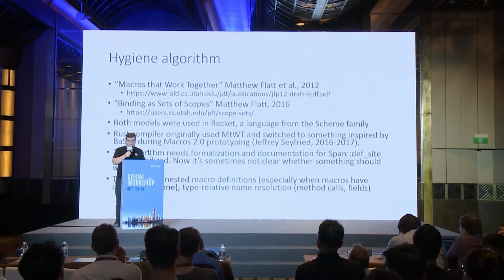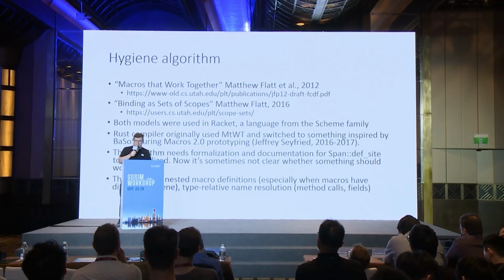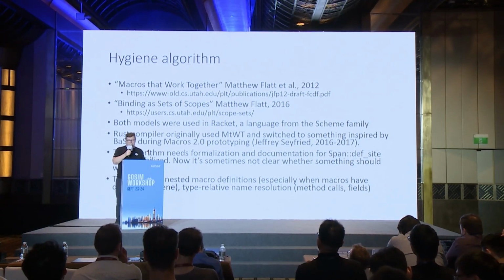In 2016-2017, Rust adopted something that resembles sets of scopes. This was implemented by Jeffrey Seyfried, but nobody really knows how close it is to the sets of scopes system, and there is no formal model of the current Rust hygiene system.